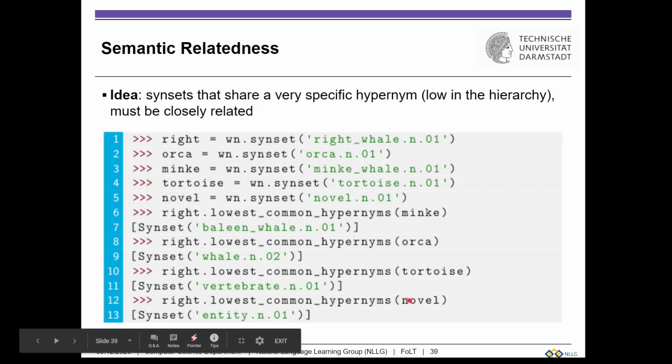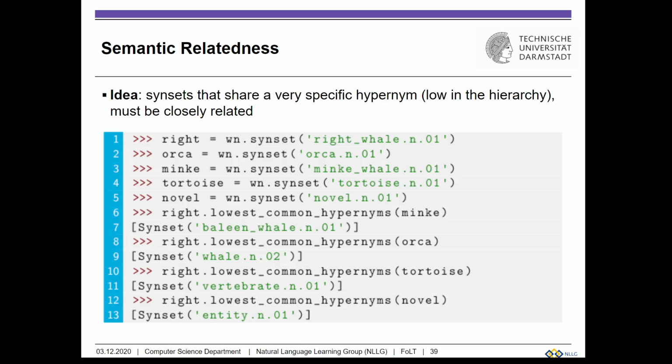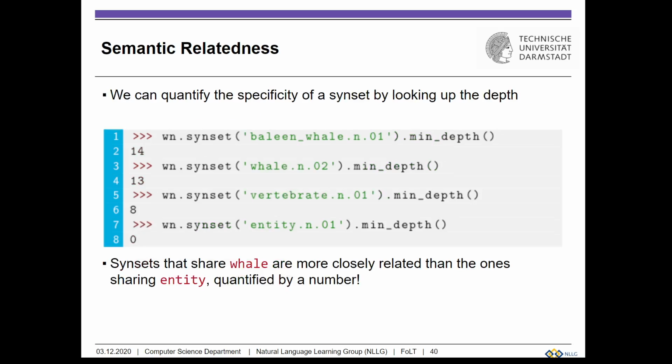And if we go for novel, we even have to go to the very top of the WordNet hierarchy, to the entity. So intuitively, if we have to go up so far, then those two words are probably not very semantically similar.